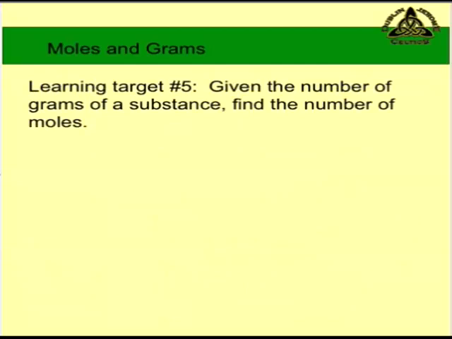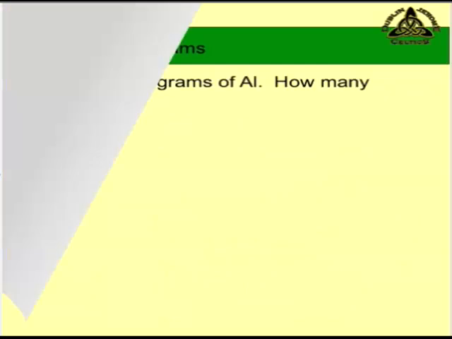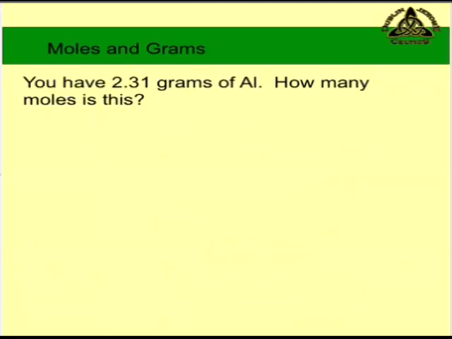With that, we'll move on to learning target number 5, which is actually the reverse of learning target number 4. For learning target number 5, if we give you the number of grams of a substance, you need to be able to find the number of moles. Let's see how that's done. We have 2.31 grams of aluminum, and we want to know how many moles this is.